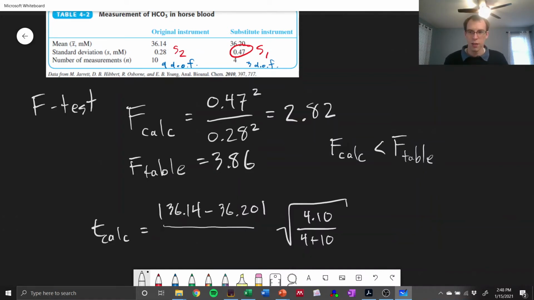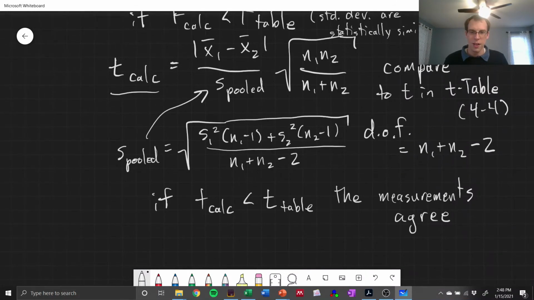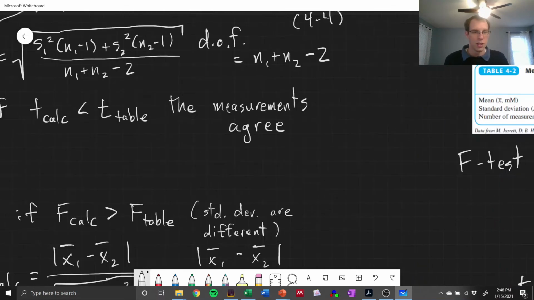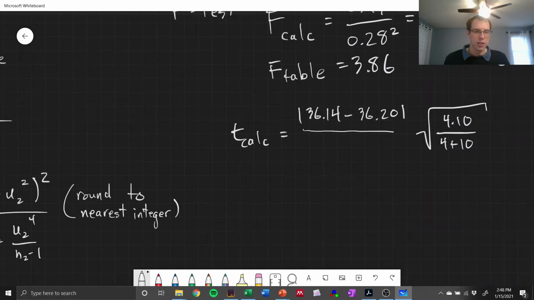All right, we can go back over to my notes over here. S pooled is this equation here: the square root, whole thing, of S1 squared times N1 minus 1 plus S2 squared times N2 minus 1, divided by N1 plus N2 minus 2. Let's write out that equation with the data that we have.